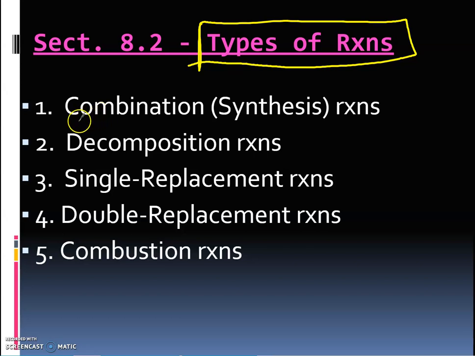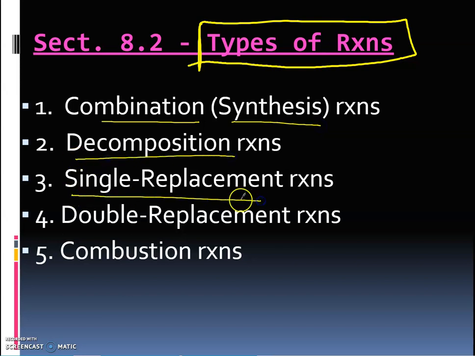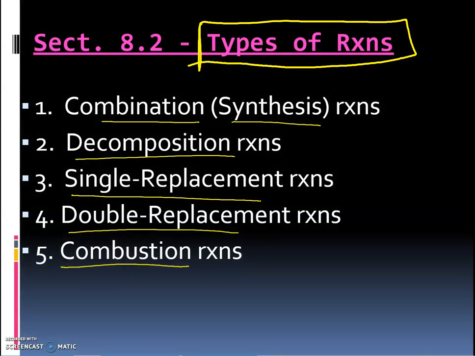So first we have a combination reaction, which sometimes is called synthesis if you want to be extra fancy, a decomposition reaction, a single replacement, a double replacement, and a combustion reaction. So what kind of relationships are we going to be talking about?